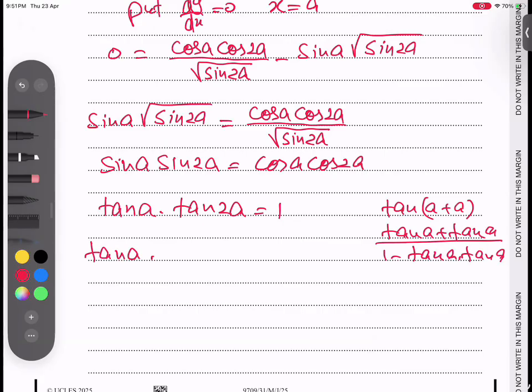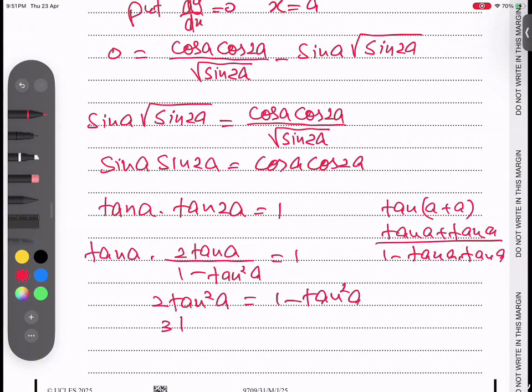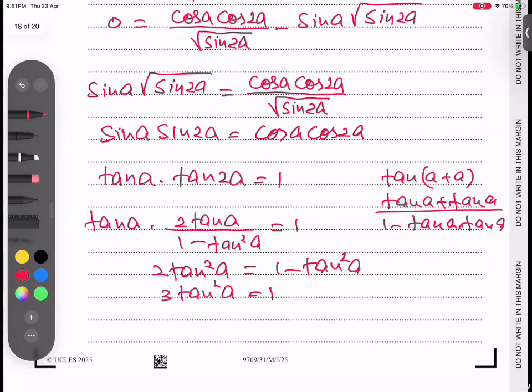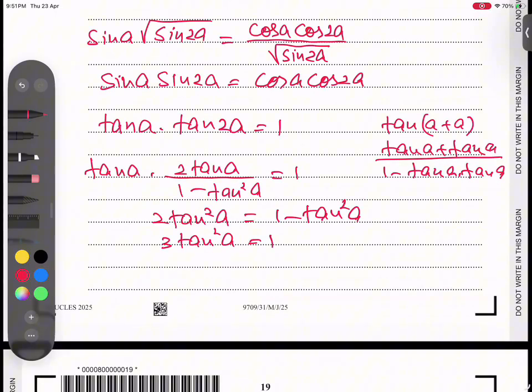Tan A is already there, so I get 2 tan A over 1 minus tan square A is equal to 1. So 2 tan A becomes equal to 1 minus tan square A. And cross multiply, 1 minus tan square A, this goes there. I get 3 tan square A is equal to 1. After this, students, what to do? This goes down, 1 over 3, and tan square A is equal to 1 over 3.